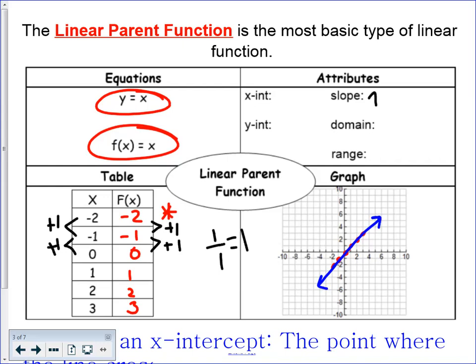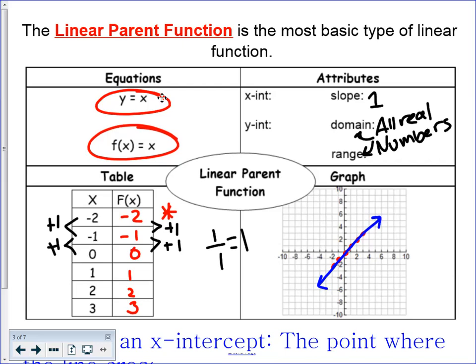So slope is pretty easy. My domain. Notice when I go left to right, I have 2 arrows. So my domain is all real numbers. Notice it'll be the same for range because when you go down and go up, you have 2 arrows. So that's why it'll be all real numbers for domain and for range.